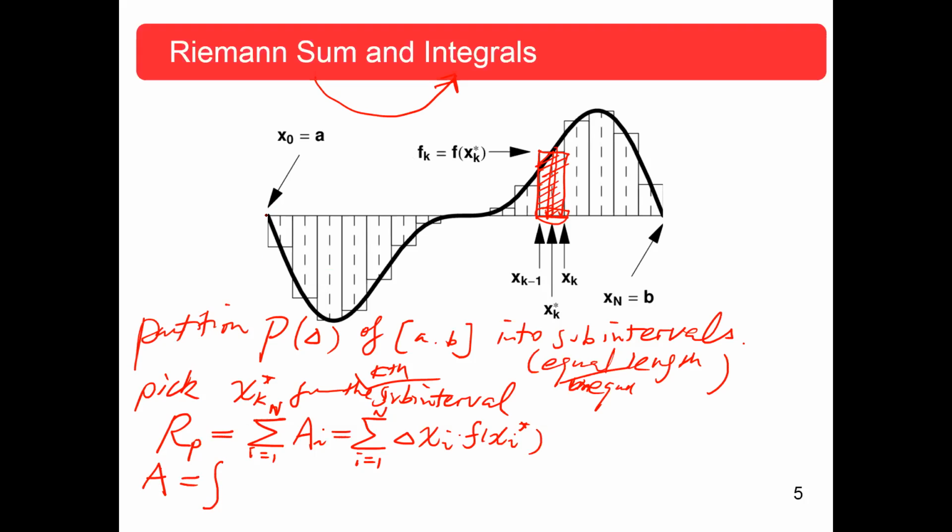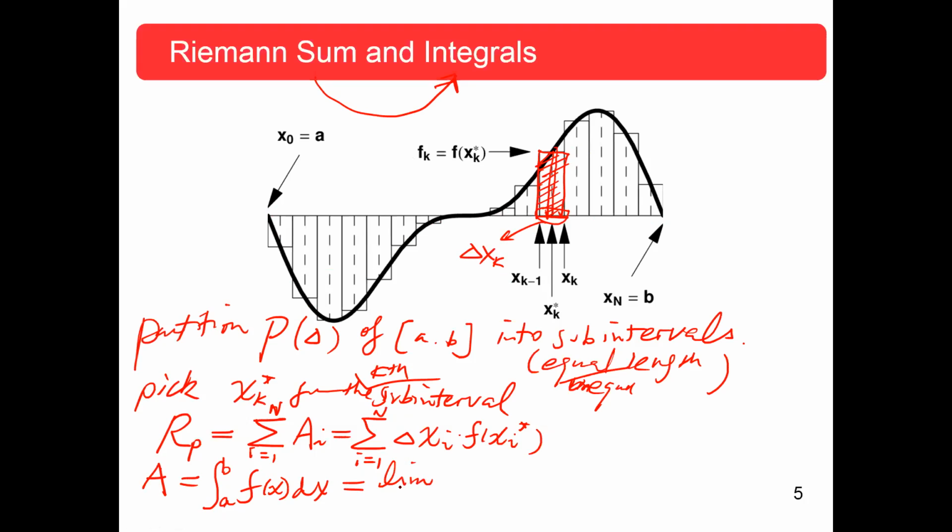So the integral is from a to b of f of x dx. This integral is basically what you get if you force this delta x_k to be very small, with very narrow strips.